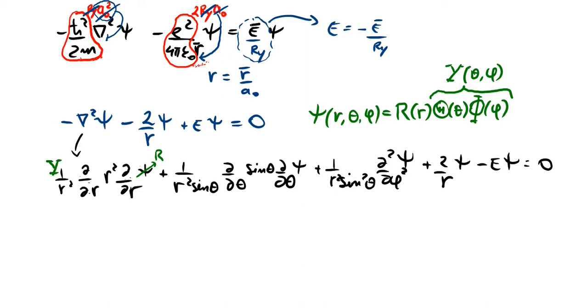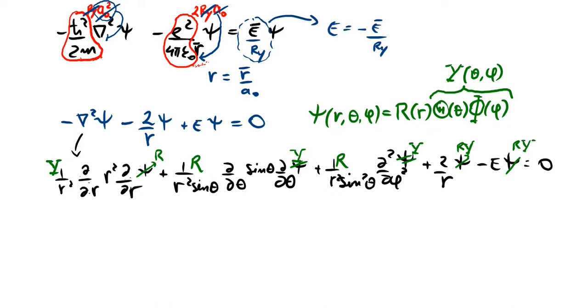Also in these coordinates I only derive the theta function, so the theta coordinate, so I can have an R here, but here I will put a Y, because I still have to derive this Y. Then also here it's the same thing. I can put an R here outside of the derivative, but inside the derivative there is still a Y function, because I still have to derive it. Here I can have just the multiplication between these two, and also here.